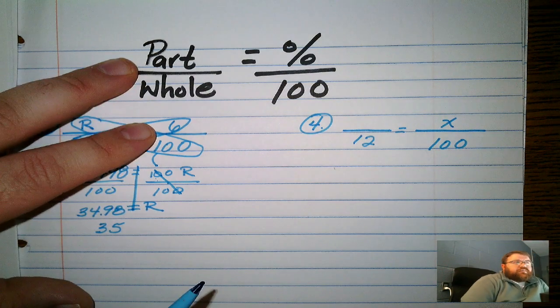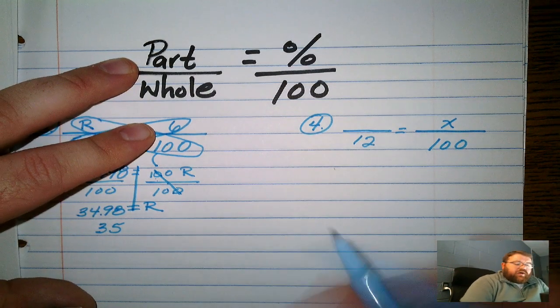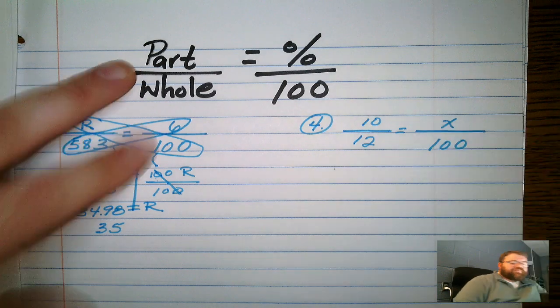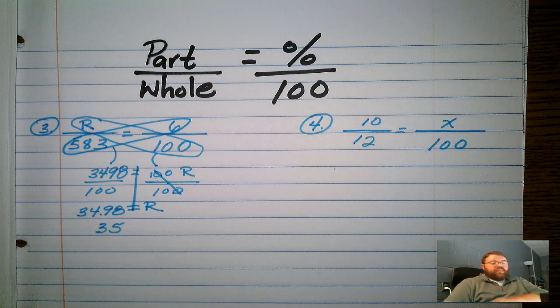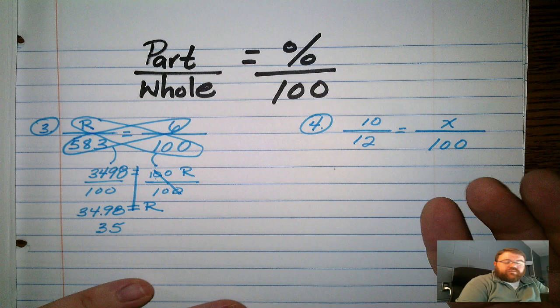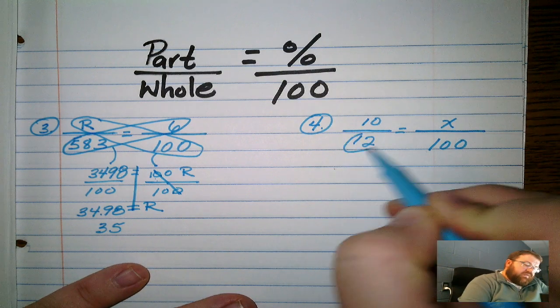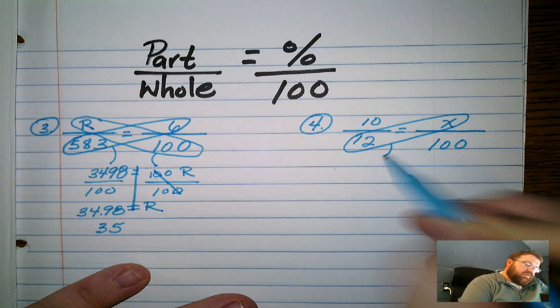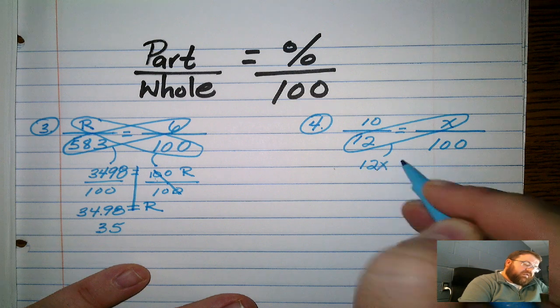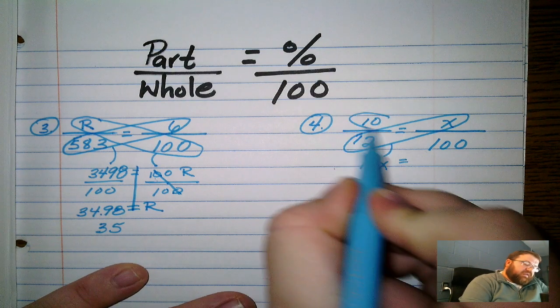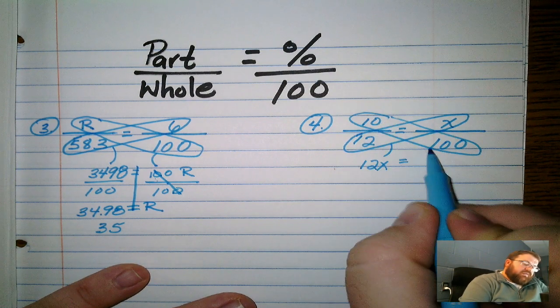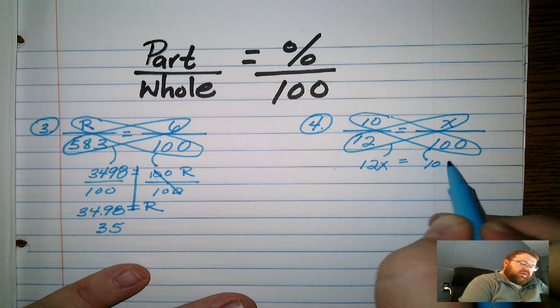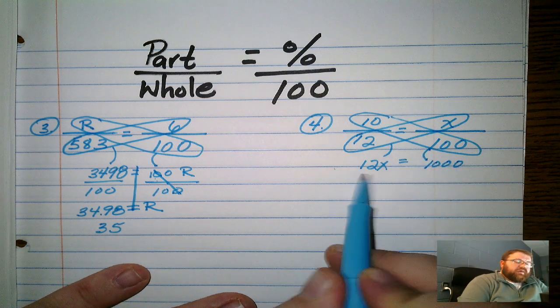The part that's not cracked is 10. Now, I'm going to solve this using the butterfly method. I have 12 times x, which is going to be 12x. I have 10 times 100, which is going to be 1,000.